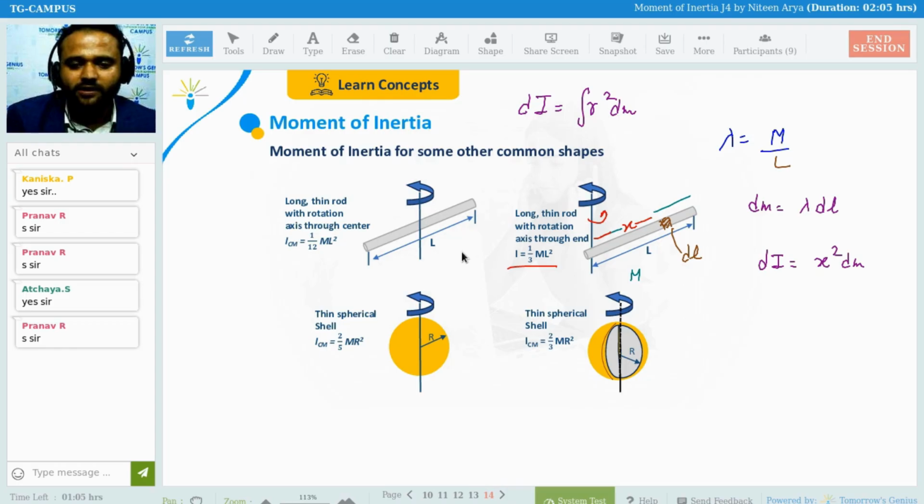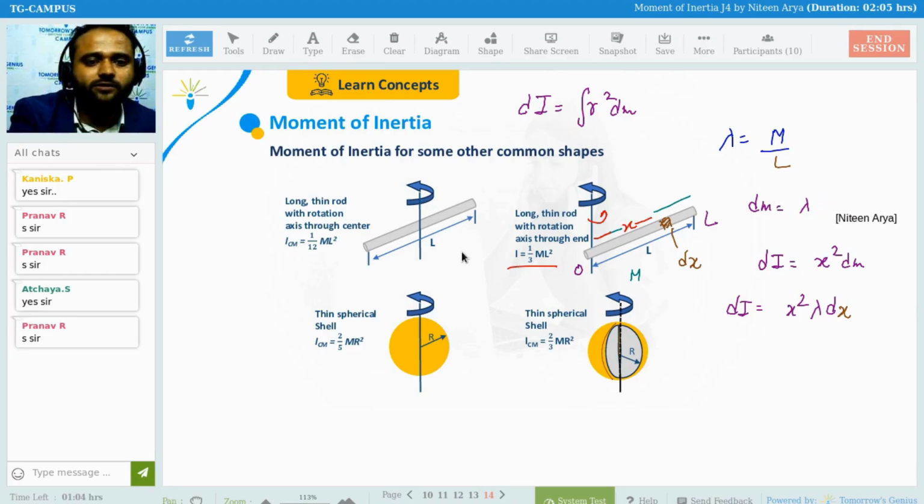Here the limits are from 0 to the total length L, and the distance is x. So dI is x square rho dl, or rho dx if I use the x system. This is the small length element dx, so dm is simply rho dx.